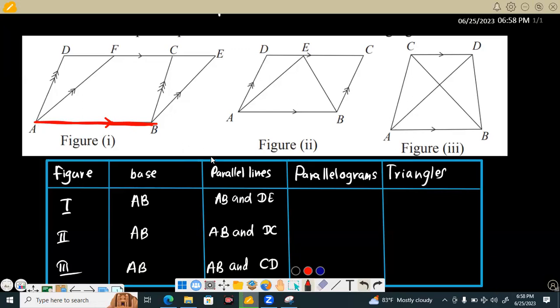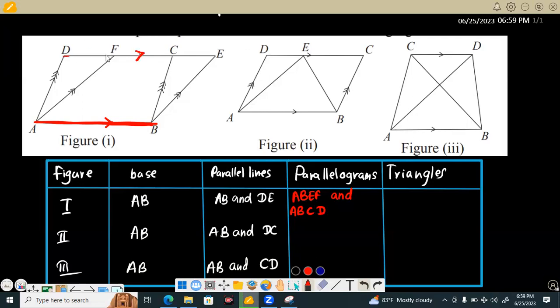AB එක base වෙන parallelogram එකක් මට name කරන්න බලන්න කවුරු හරි. ABEF, yes. AB, ABCD.